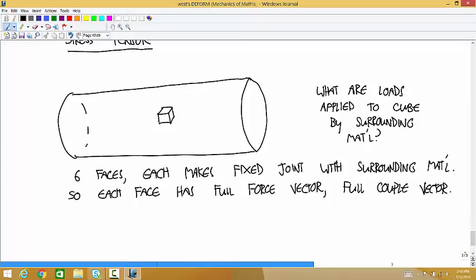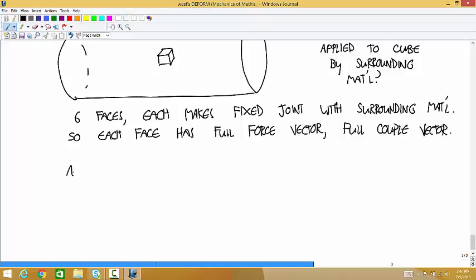No, let's not do that yet. Let's first represent those internal forces as force per area on that face.